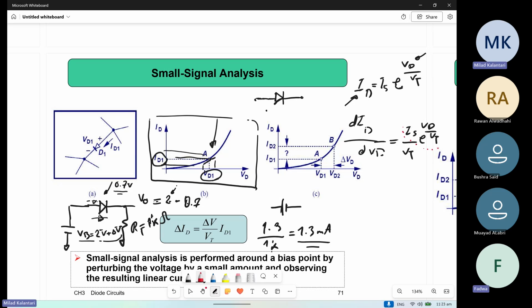So basically this term already is the ID itself, right? The same thing. Then delta ID over delta VD basically, you can say, is basically ID over VT.